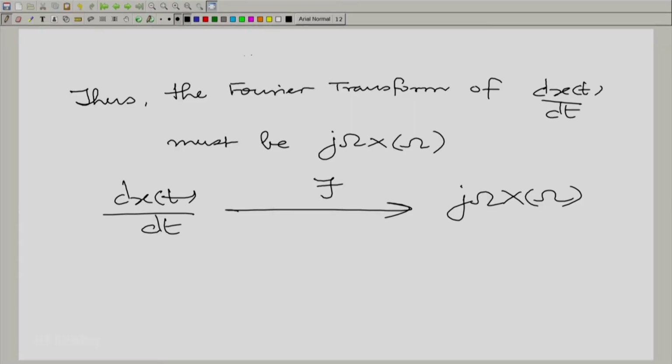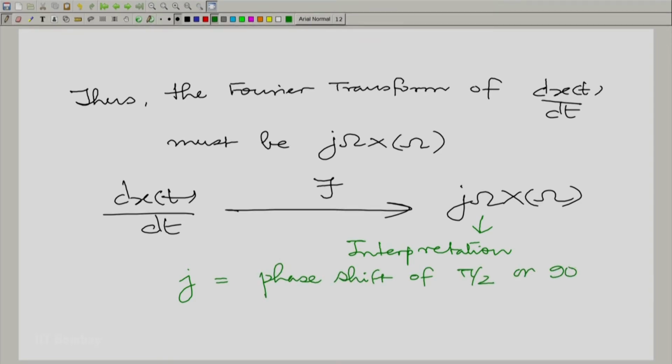In fact, what does it really denote if we think about it? Let us interpret this. Multiplication by j is essentially a phase shift of 90 degrees, and multiplication by omega, scaling the amplitude by omega. So, it is not very surprising actually if you look at a sinusoid.